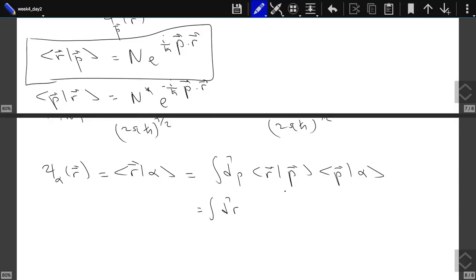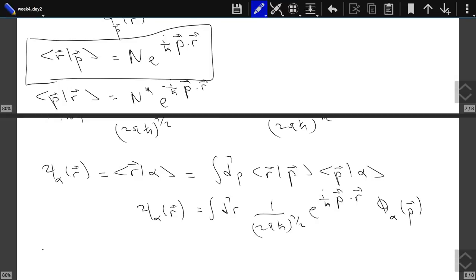That inner product of r with p is nothing but 1 over (2 pi h bar) to the power 3 halves, e to the power i over h bar p dot r, times phi alpha of p, which we define as the inner product of p with alpha.